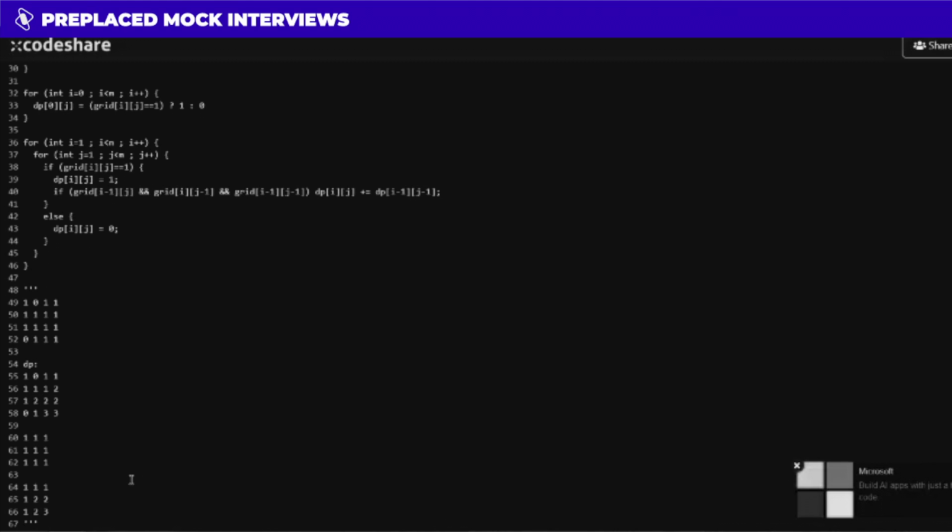If you look at the value of 2 on the second row at the last, there I only have 1 1 1 1. The maximum length available there is 2 for the square. But the moment I went down to a cell below, now I can say that I can try to support the length of 3 for the square, right?